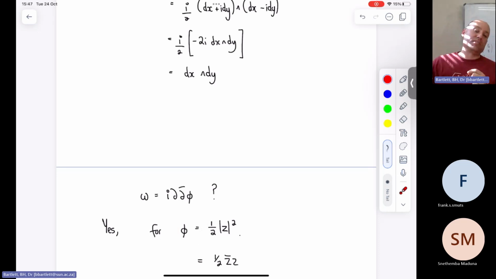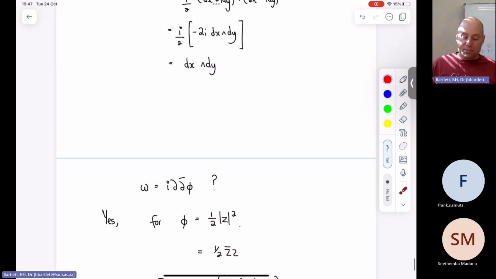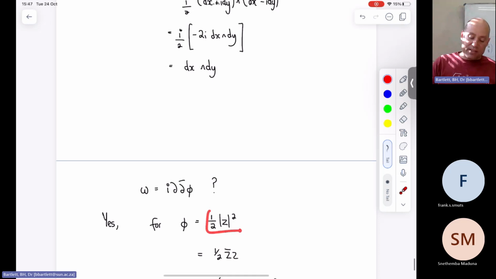It's not a holomorphic function. How do I know it's not holomorphic? Because it depends on z and z bar. Whenever you've got a function whose algebraic expression depends on z and z bar, then it's not holomorphic, but at least it is a smooth function, right? It is a real valued smooth function. It's just the length of a vector squared times a half.